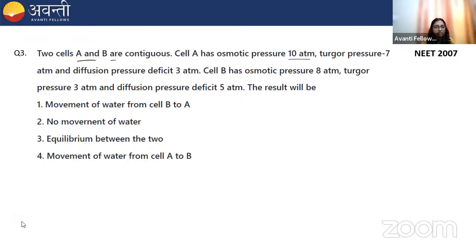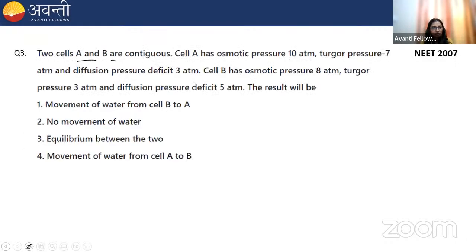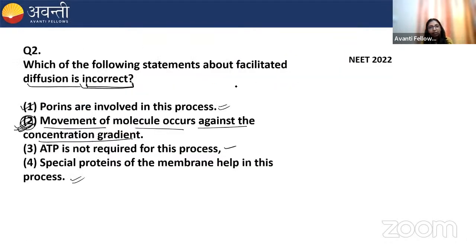Okay, beta, facilitated diffusion. We know that there are two types of diffusion. One is simple diffusion and another one is facilitated diffusion, right?